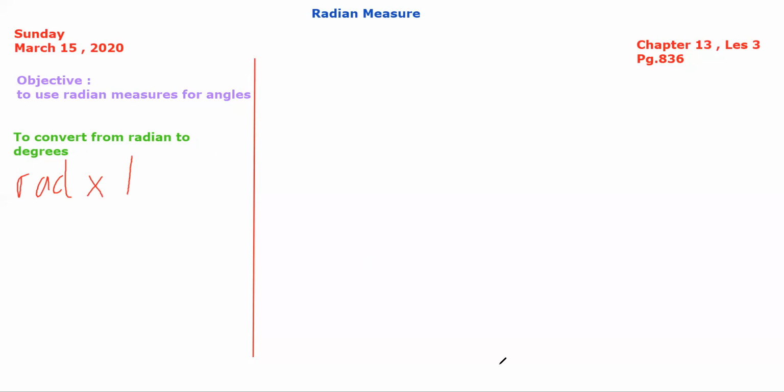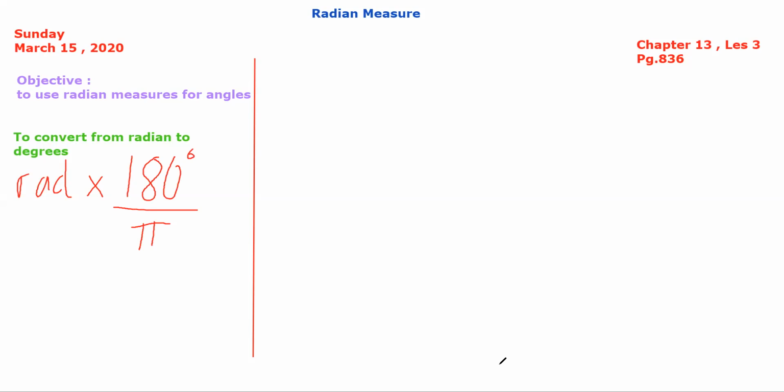So I multiply by 180 degrees over pi radians. After that, the radian cancels with pi, so my answer will be in degrees.